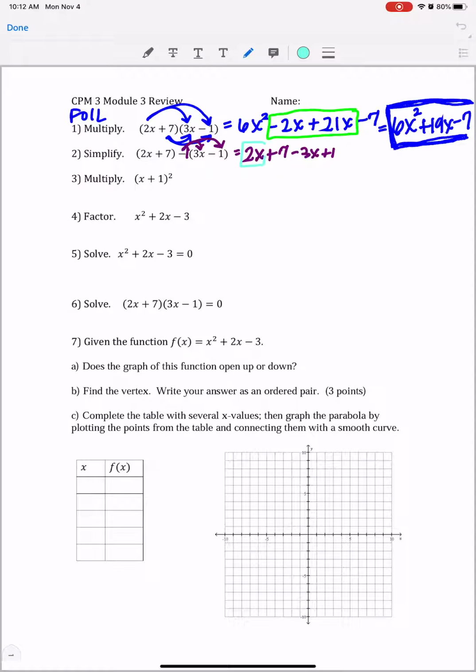So I have 2x minus 3x. So that's going to give me either a -1x or just -x. And then 7 plus 1 will be 8. So -x plus 8.